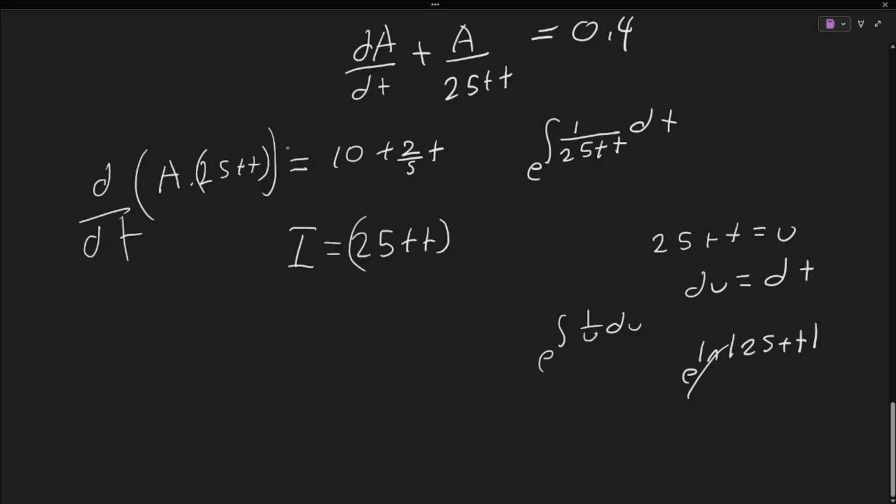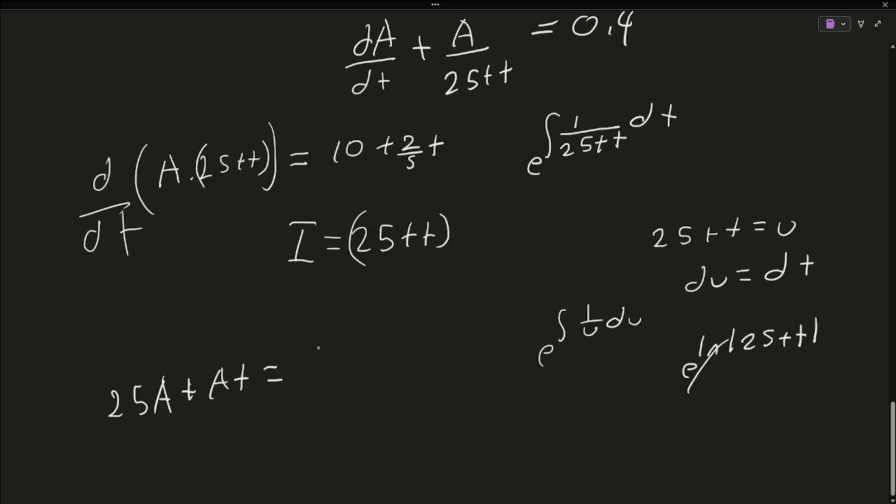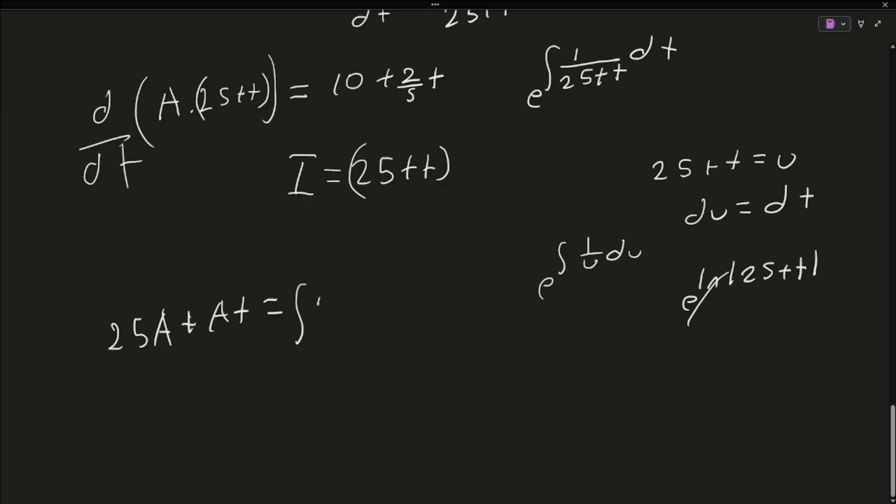So now we're going to integrate both sides. Integrating the left-hand side, using the fundamental theorem of calculus, will be A multiplied by 25 plus t, so 25A plus At, equals, and the right hand side will be two separate integrals: integral of 10 dt plus integral of 2 over 5 t dt.